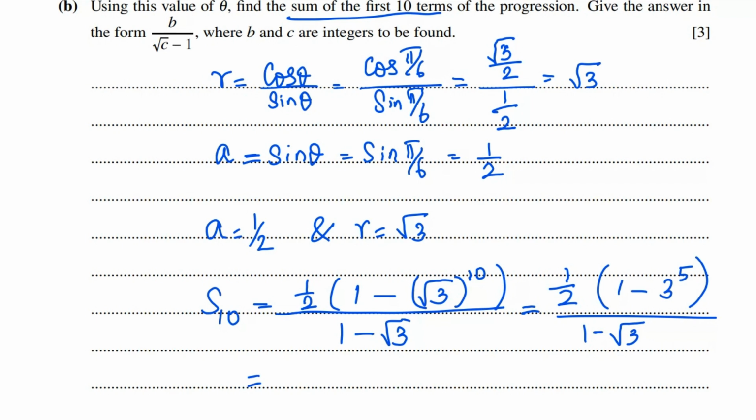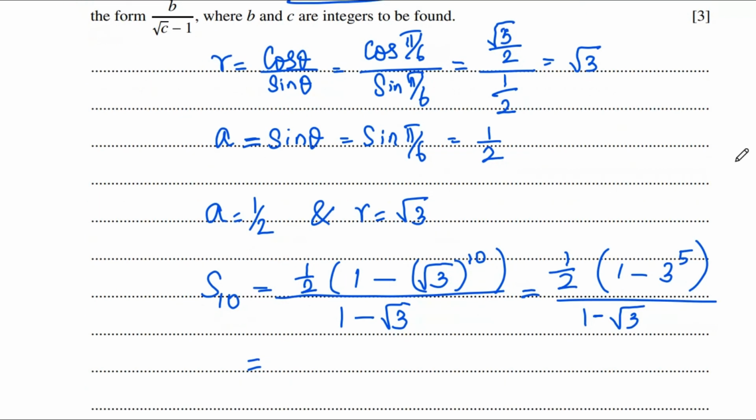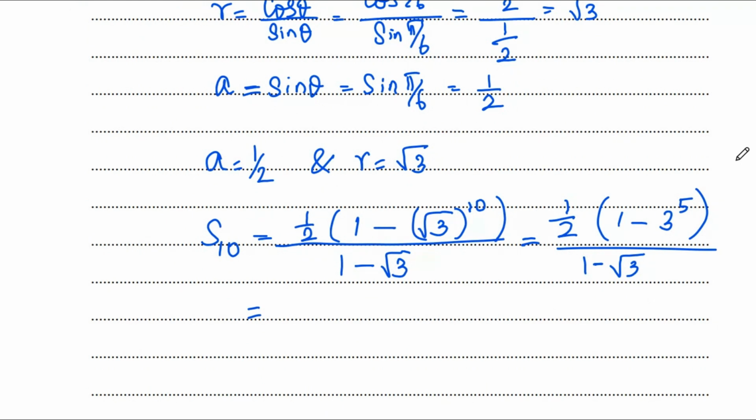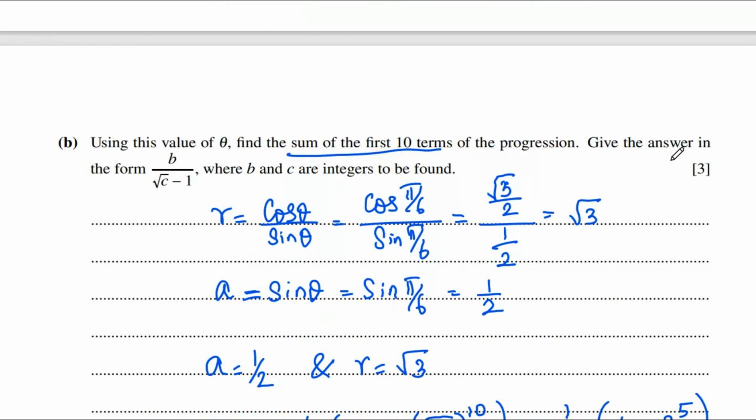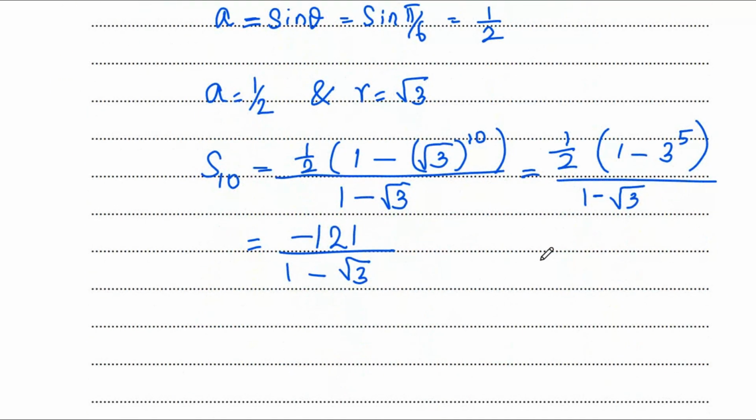Let's use the calculator to find the final value in the fraction form. We get the answer as negative 121 divided by 1 minus square root of 3, and it's given we need to give the answer in the form b divided by square root of c minus 1.